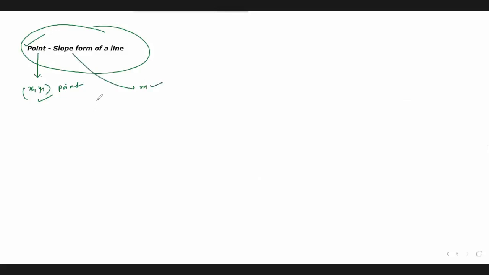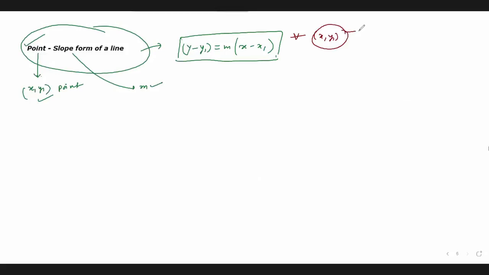So if a point is known and a slope is known, then we can find the point slope form of a line. The point slope form is y minus y1 is equal to m times (x minus x1). This is the point slope form, where (x1, y1) is a point on the line, and slope is m.